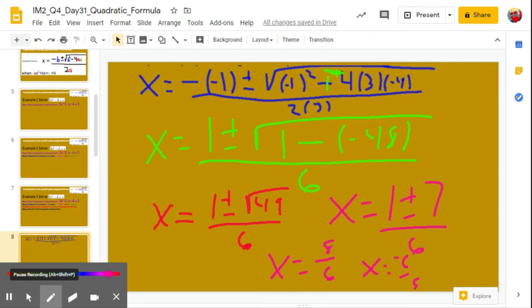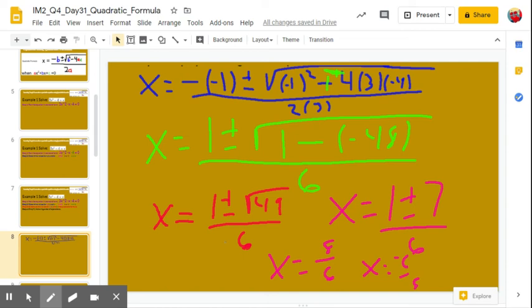So we get x equals 1 plus minus 7 divided by 6. So then we're going to get x equals 1 plus 7 is 8. So that's how we get 8 over 6. And then x equals 1 minus 7 over 6. So that's going to be -6 over 6.